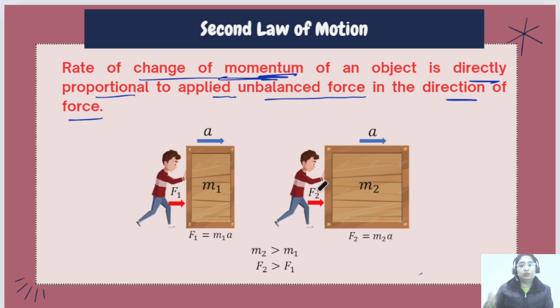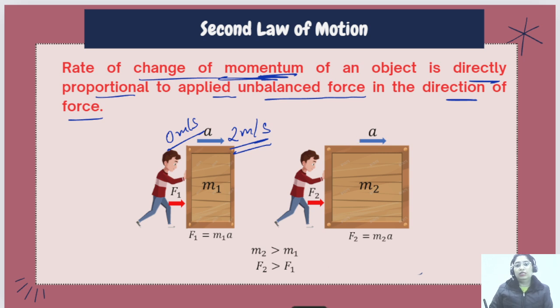At first it was at rest. Now as you are applying the force, velocity is changing. First it was 0 meters per second, it was at rest. Now as you are applying force, it is moving. So it has maybe some velocity, maybe 2 meters per second, right? So this is the initial velocity and this is the final velocity. So there is an acceleration, right?